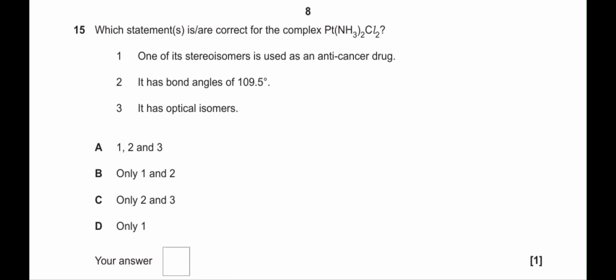Question 15. Which statements are correct for the complex Pt(NH3)2Cl2? One of its stereoisomers is used as an anti-cancer drug. This is a coordination complex compound by name diamminedichloroplatinum.